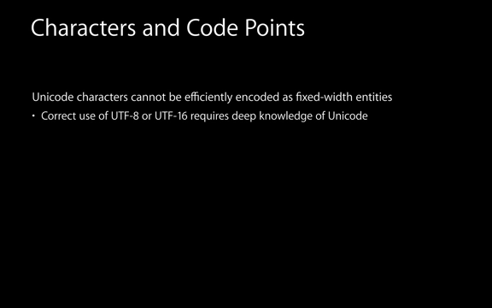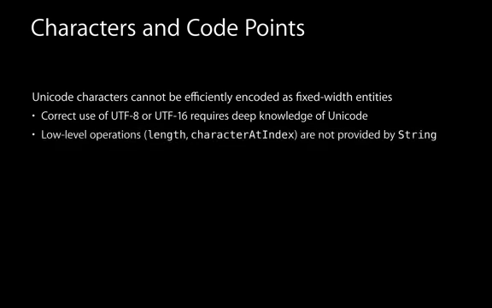And so we made a really interesting decision here. We decided not to provide these super low-level operations like length and character at index that let you poke directly at the UTF-16 or UTF-8 code points or whatever is stored in the string, because doing so causes big problems. Instead, we want you to use the high-level APIs and let the library do the hard work of dealing with all the intricacies of Unicode.